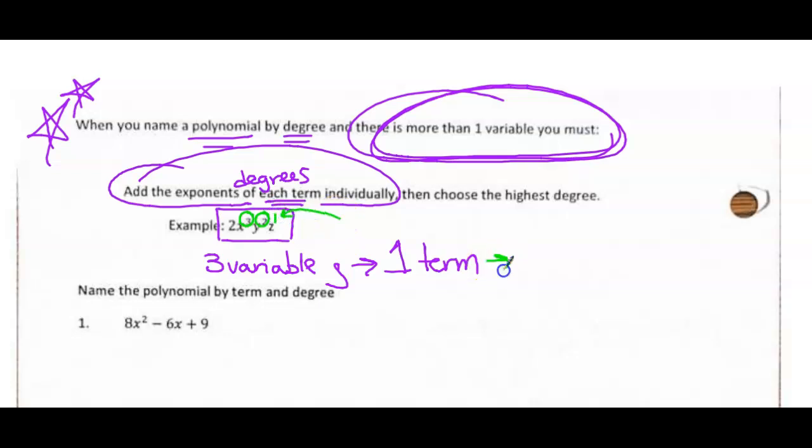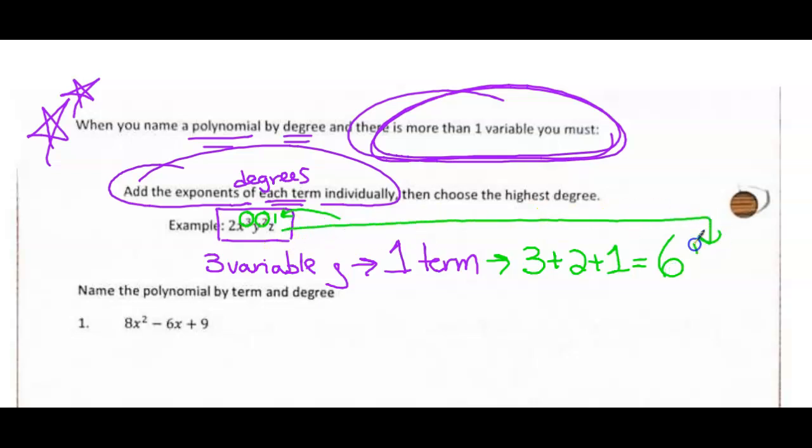So we're going to add the degree of 3, degree of 2, and the degree of 1. And that equals 6. So this example right here, we say that this is the 6th degree. And again, the only reason you do that is because there is more than one variable.